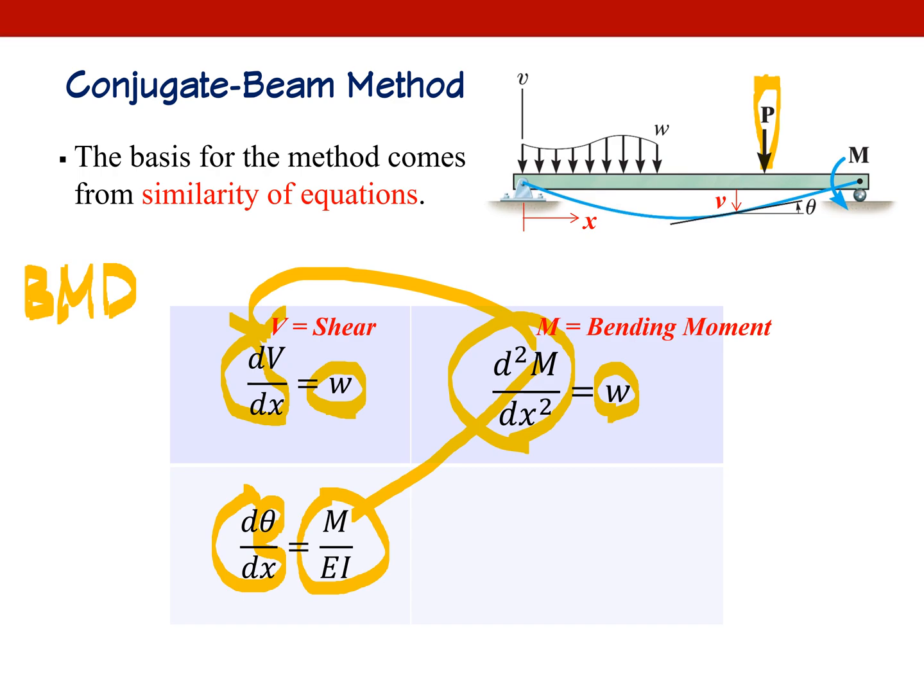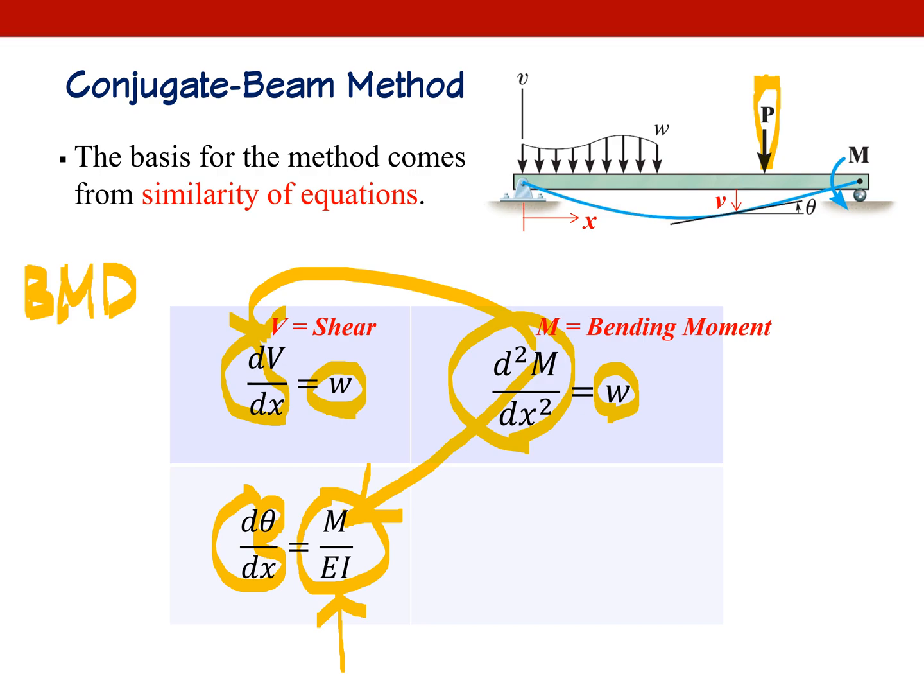This one is the same. And E is modulus of elasticity, if it's steel, 29,000 KSI. And I is moment of inertia. And from now on, you are going to see EI always go together.